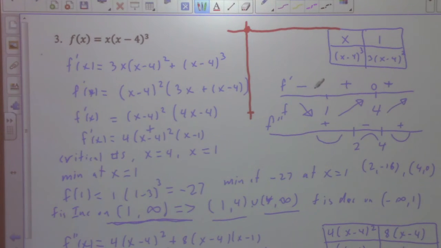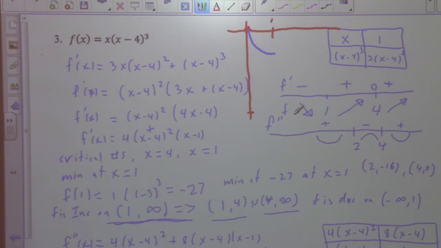We have minus positive, or negative positive. What does negative positive look like? It's going to be the lower left part of the circle. So all the way to 1, I'm going to draw this in blue, that looks like this. That's the shape of the curve to that point. Does that make sense?